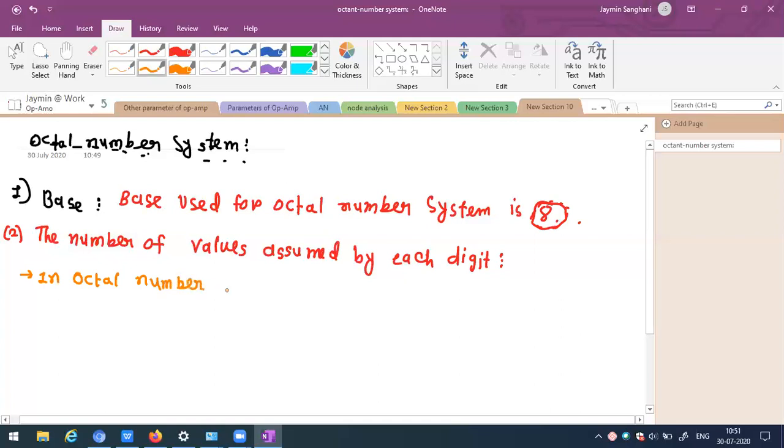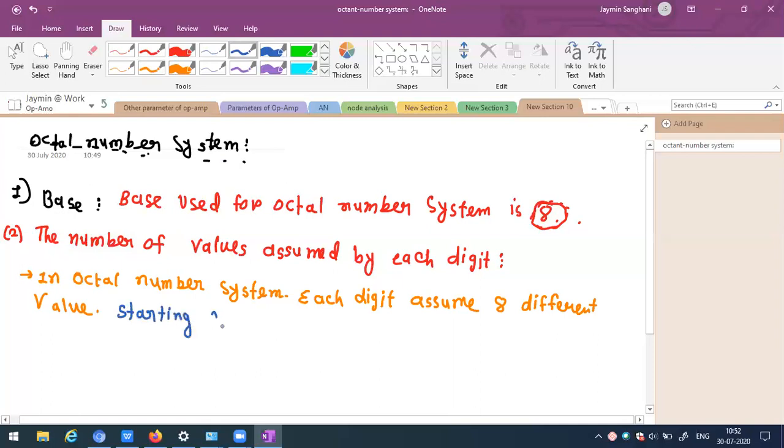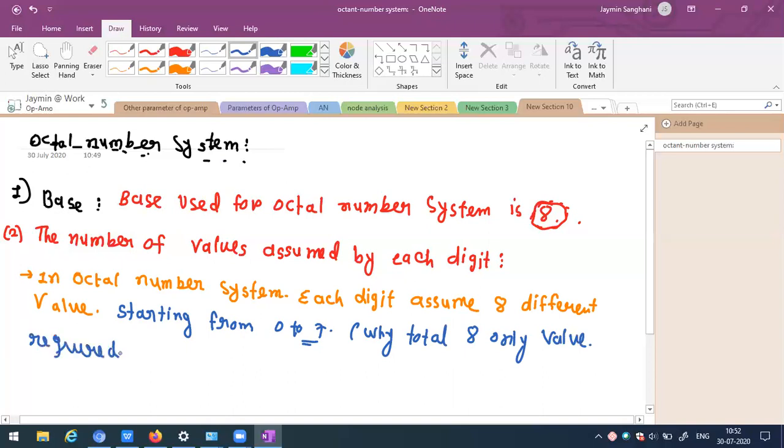Why? Because a total of 8 values are required.